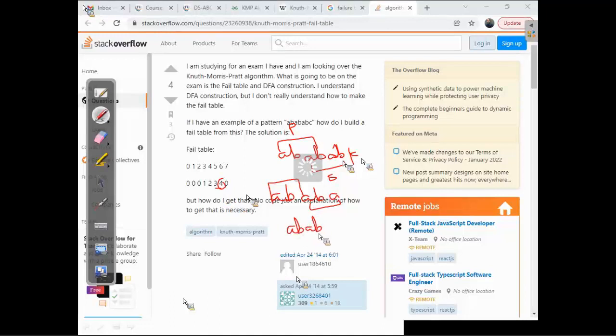Now if you see AB, just this, this is a suffix which is also a prefix, so he got 2. Then he has A, a suffix which is also a prefix, only 1. All others earlier are 0. Okay. So that's how he computes. So this is called computing a failure table.